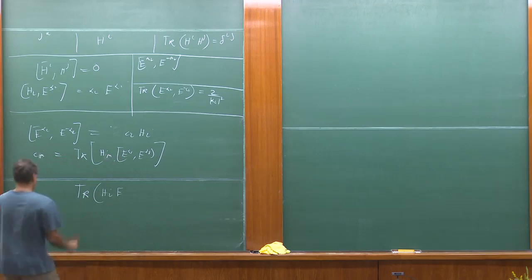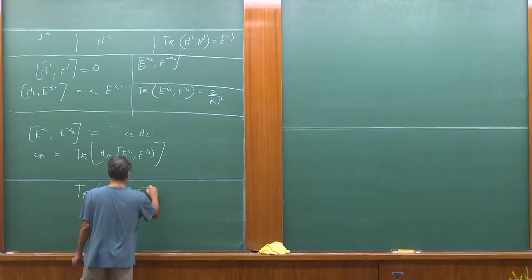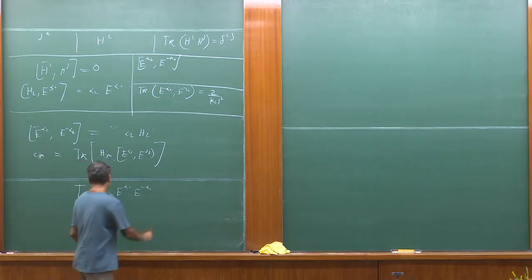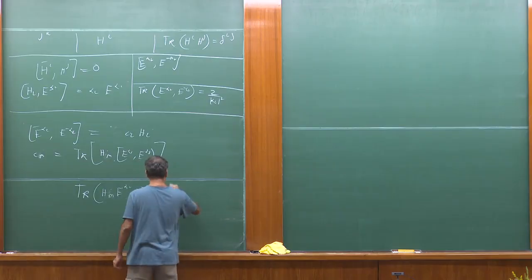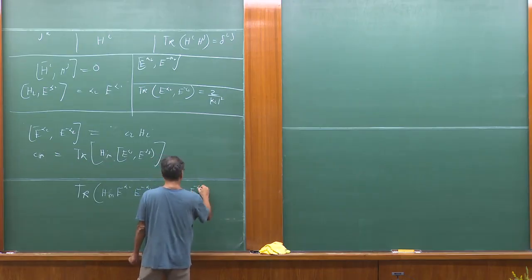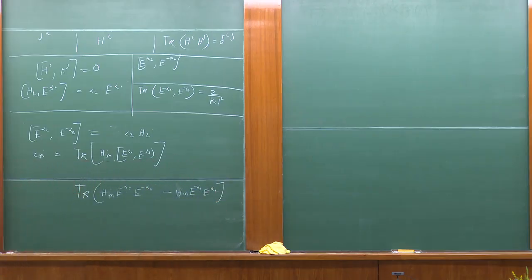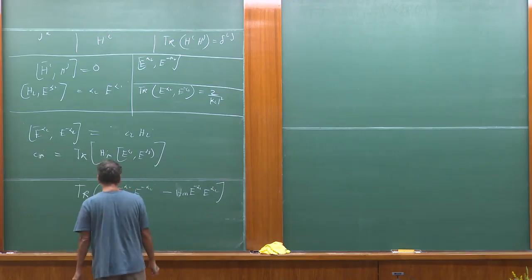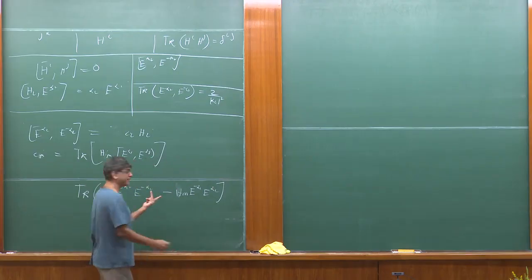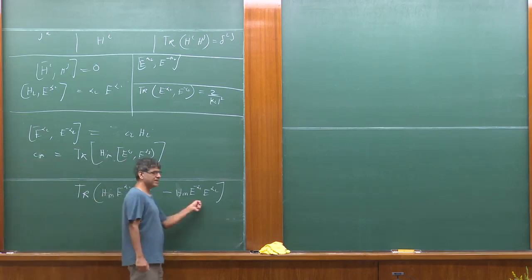So we have trace of Hm E alpha I E minus alpha I, minus the other way around, Hm E minus alpha I E alpha I. Not bad. Now what we're going to use is the cyclicity of the trace. We can use it on either one. Let's say we use it on this guy.